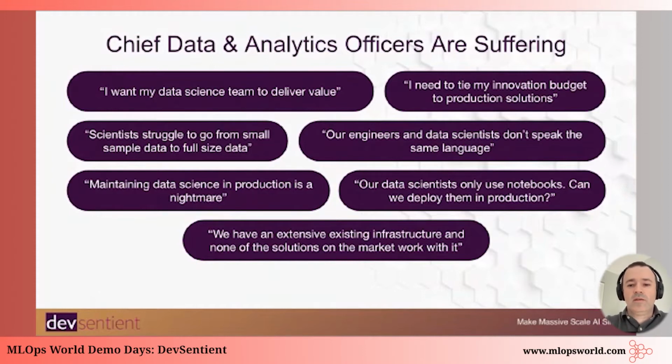While the quotes are not attributed to specific individuals, these are all real pain points that chief data and analytics officers, CIOs, CTOs, and chief data scientists experience on a daily basis. Really, what it all comes down to is the ability of scientists to get their work into production. So how do you actually operationalize scientific work that has proven to have good merit?